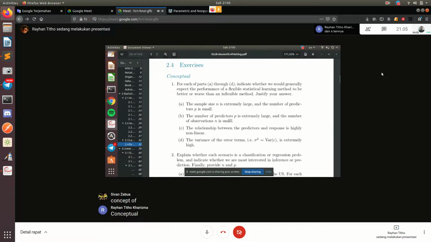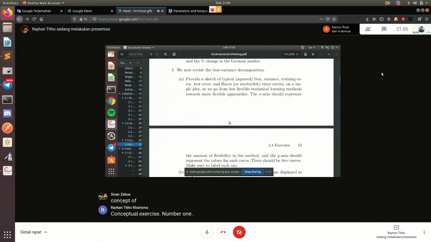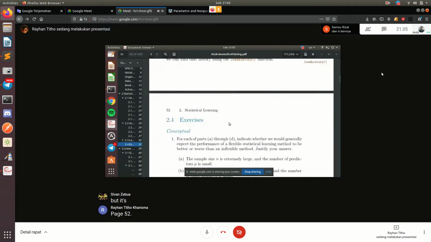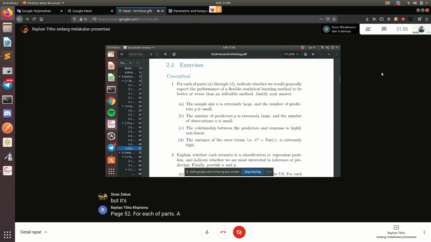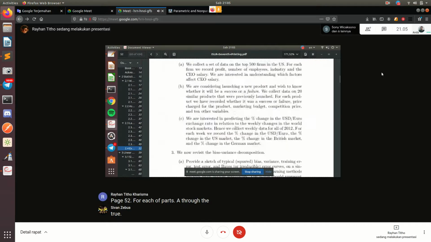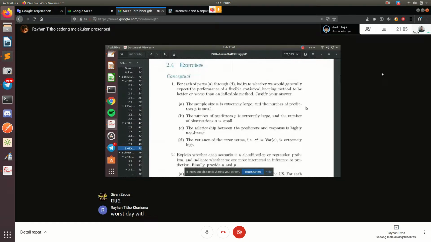Conceptual exercise number 1, page 52. For each of parts A through D, indicate whether we would generally expect the performance of a flexible statistical learning method to be better or worse than an inflexible method.